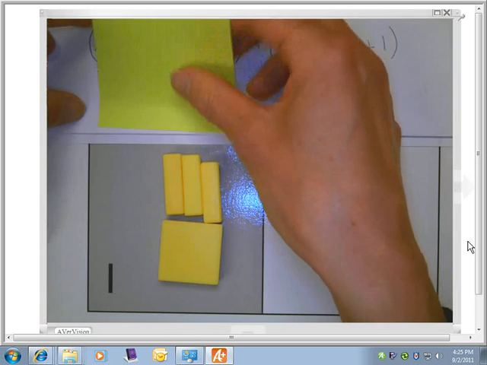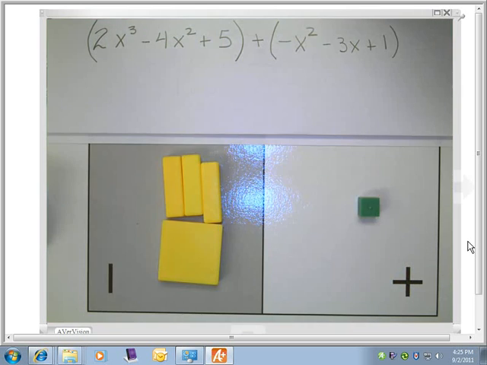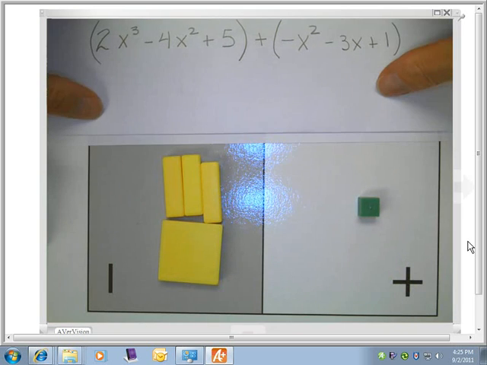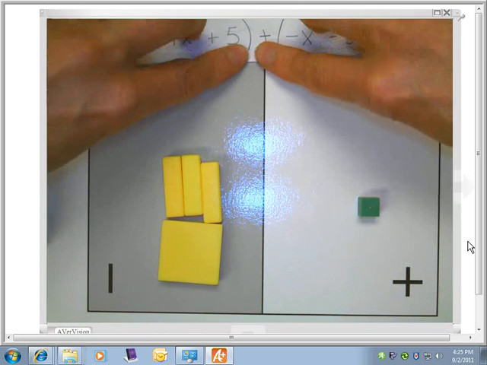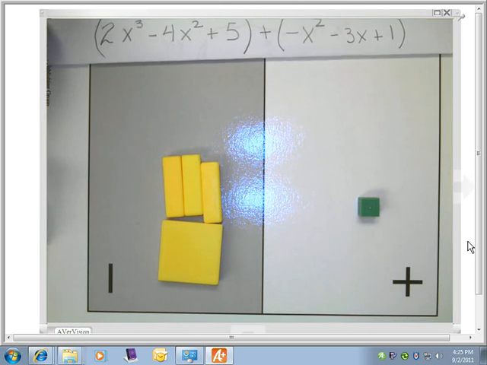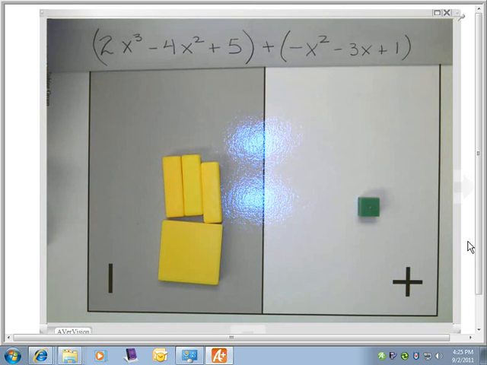Now we get to combine the two. So we're going to remember our equation. I'm just going to fold this paper back like this. Keep it up there at the top.